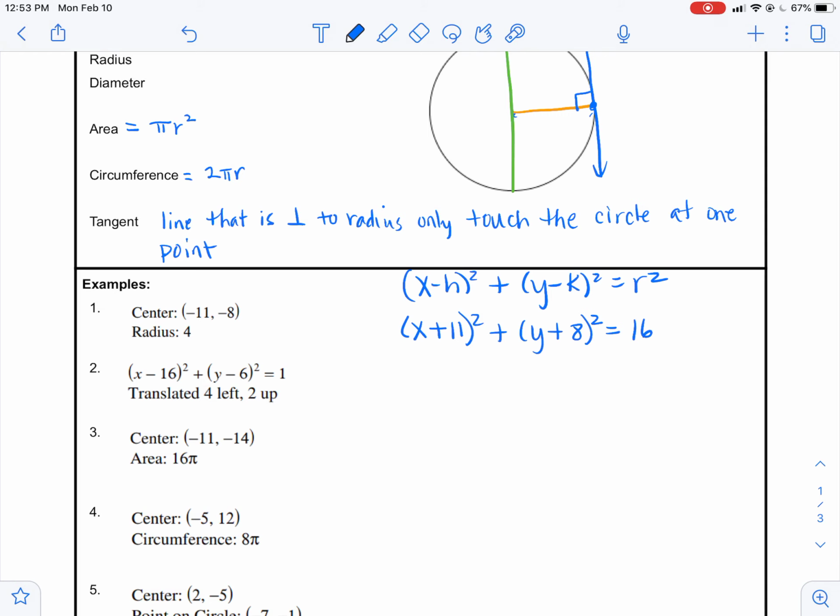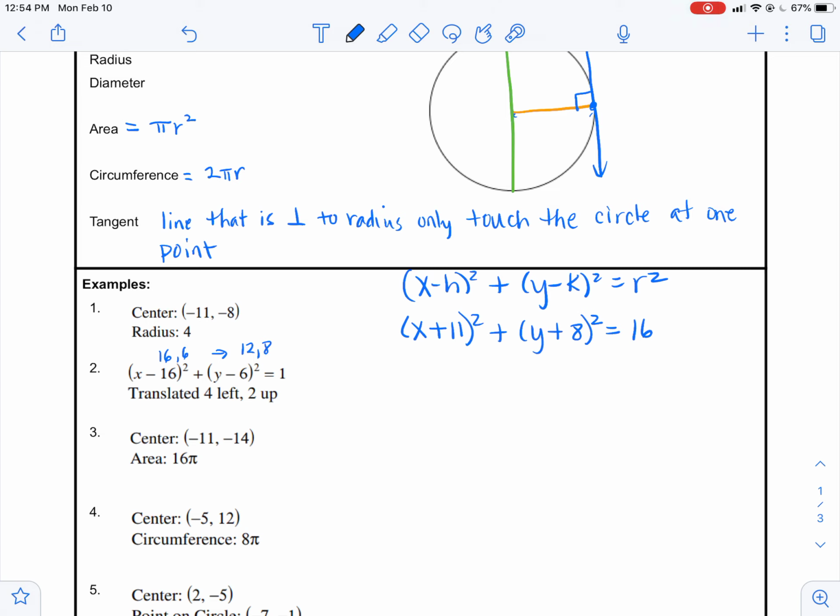Okay? Our next one, they give us where the circle is now, and then we're going to translate it or move it. So it is at, right now, if you think about this, it's sitting right now at 16, 6, and it's going to go left 4. So if I go left 4, then that is going to put me at 12. And if I go up 2, that's going to put me at 8.